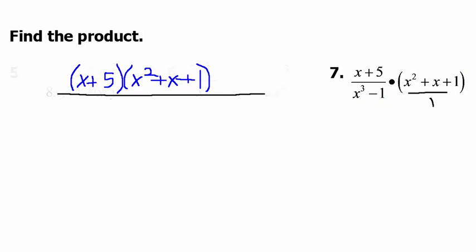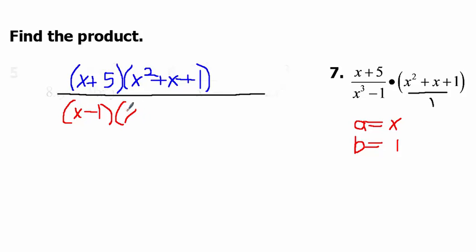Down below here, we need to use the difference of perfect cubes, with a being x and b being 1. Cube root of this, cube root of this. Difference of perfect cubes. We're going to start with x minus 1.